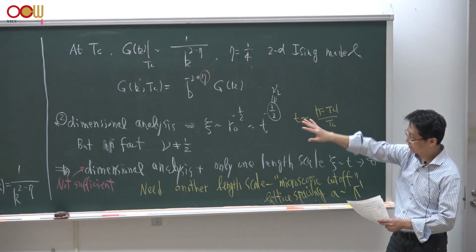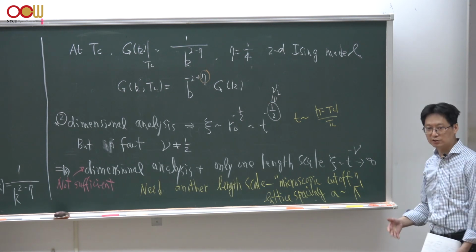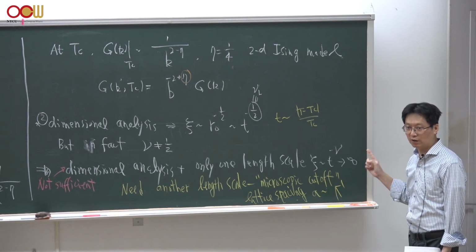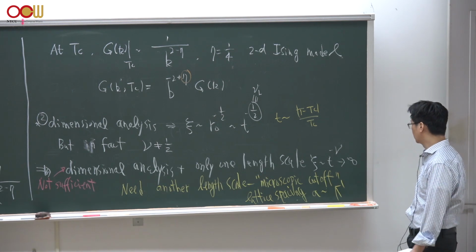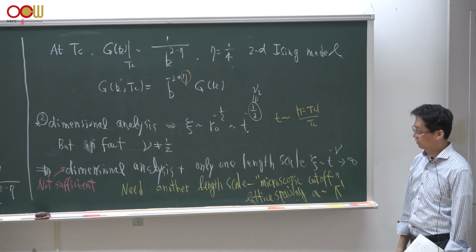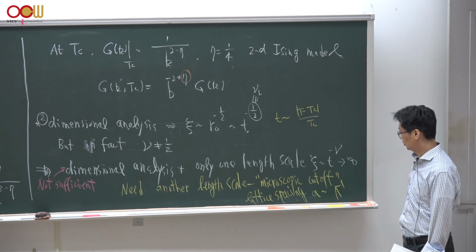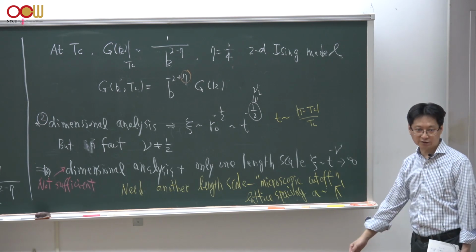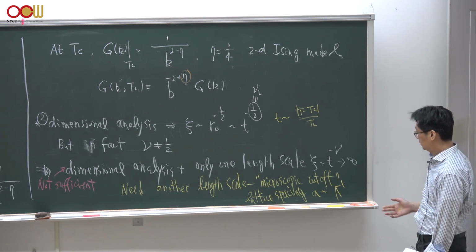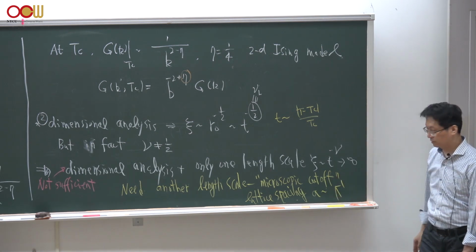So based on this analysis, we conclude that it is not sufficient to use simply dimensional analysis plus a single length scale involved in this phase transition, with the correlation length playing the role of a single length scale. No. There is another length scale involved at a transition in addition to this correlation length. Of course, correlation length divergence is important, but there's another length scale we call the microscopic cutoff or the lattice spacing.